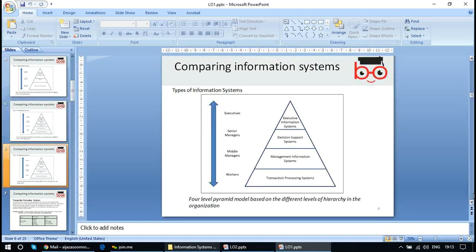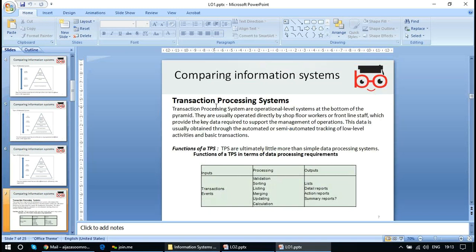And then we discussed what transaction processing systems are, and we came to know that transaction processing systems work at the low level.